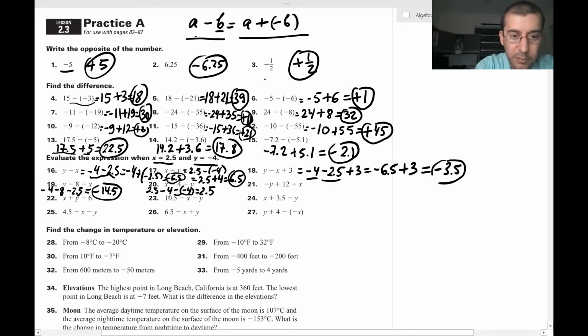So -4 and +4 cancel out. That's the inverse property of addition. When you're adding the opposite of a number to a number, that's 0. And we just end up with this 2.5.